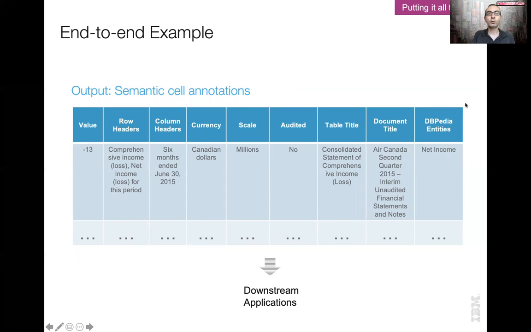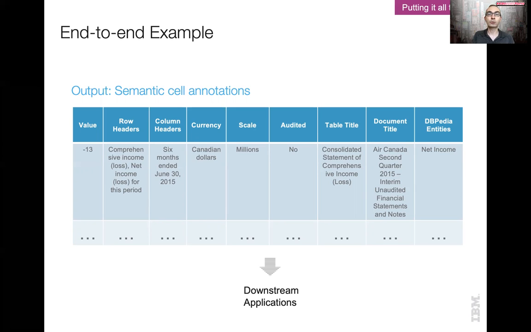Here you can see one particular way of representing the output of table understanding. However, it's important to note that the particular format does not matter. What matters is the type of semantic information that is included, such as row headers, column headers, table and document title, external entities, etc. This is the information that can then be passed into downstream applications for further processing.